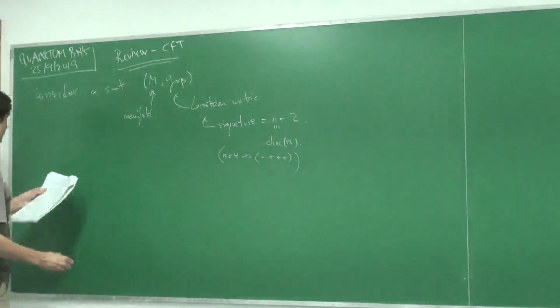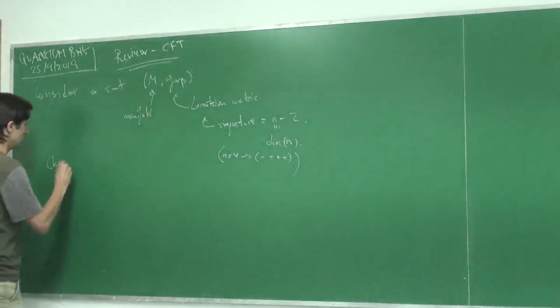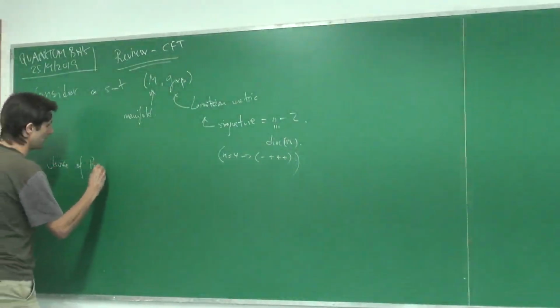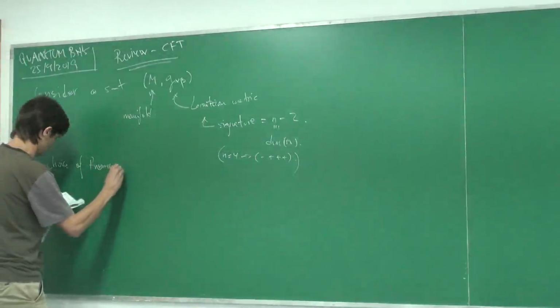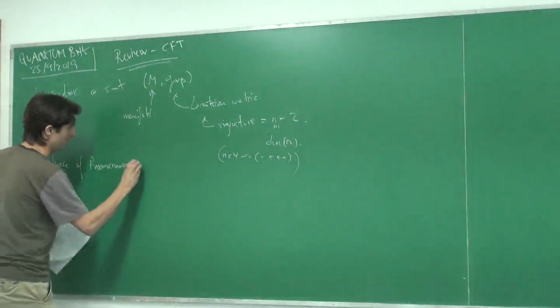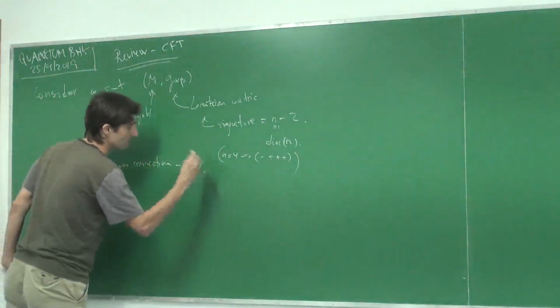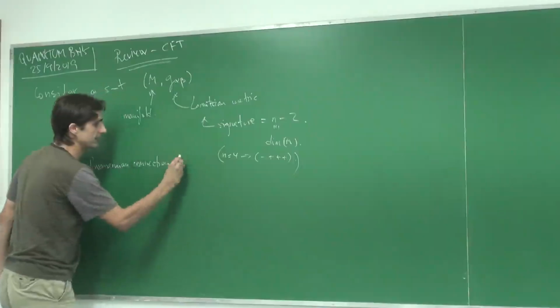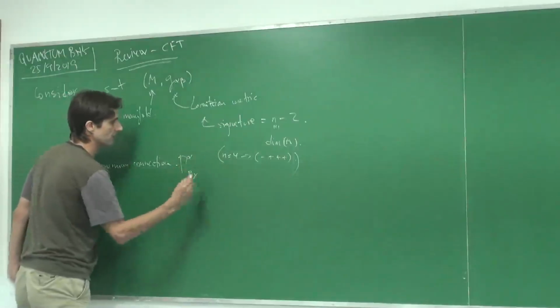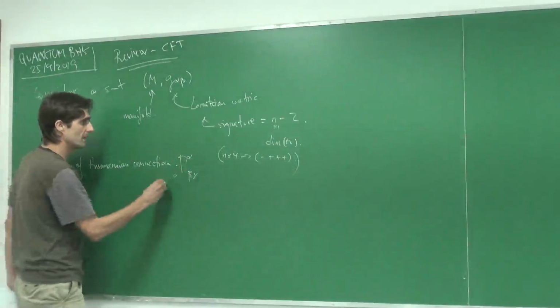And we're going to choose a Riemannian connection. So a Riemannian connection, that's what we call the Christoffel symbols.